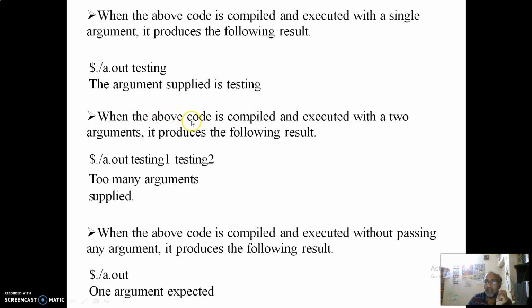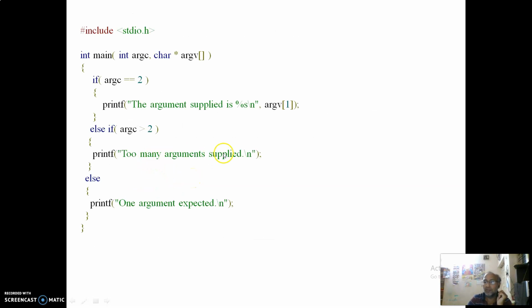When the above code is compiled and executed with 2 arguments, it produces the following result. a.out testing1 and testing2: too many arguments supplied.